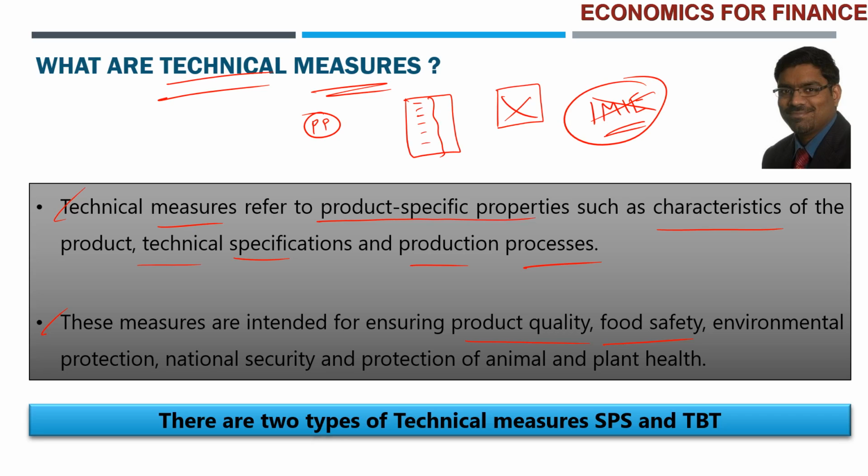So product quality related restrictions, food safety restrictions, environmental protection. Biodiversity is also an important thing. Imagine if India imports a lot of meat from other countries, that is going to be dangerous to the existing people who are consuming that. Environmental protection also matters. Biodiversity matters. There cannot be natural commodities like fruits, vegetables, or animals imported from another country.